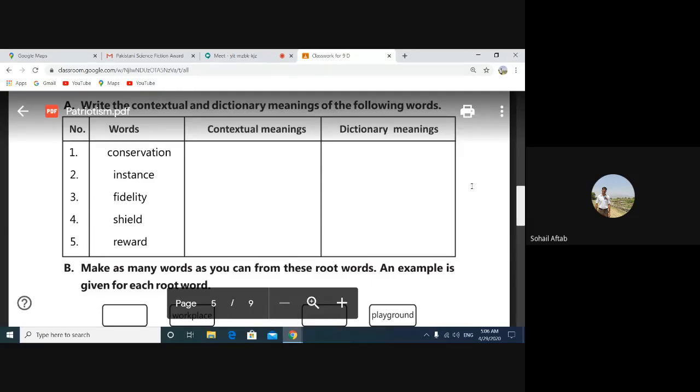Then we have shield. Contextually, you can say shield is to protect, and the dictionary meaning can be a broad piece of metal used to stop a blow of a sword or any other weapon. Then we have reward.